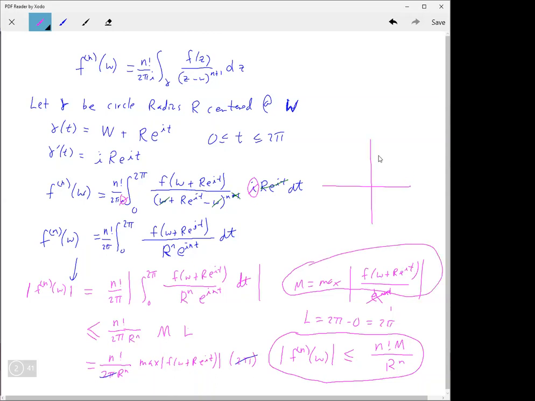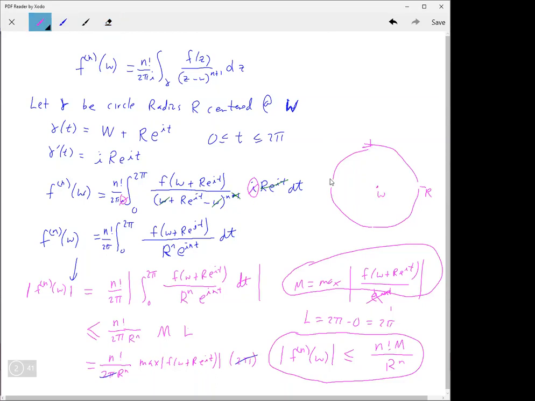And this is on a circle of radius r. So you're only looking at the maximum value of the modulus on this circle right here, centered at w. So I guess I drew this wrong. I didn't need that coordinate axes. Okay, I'll just put w in the middle.